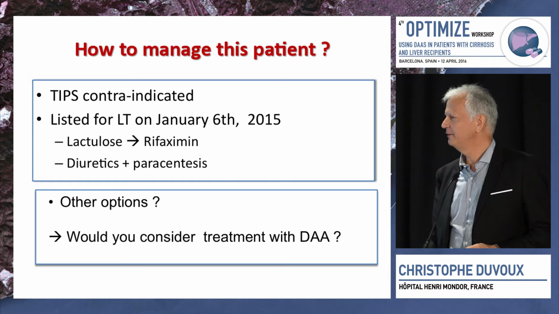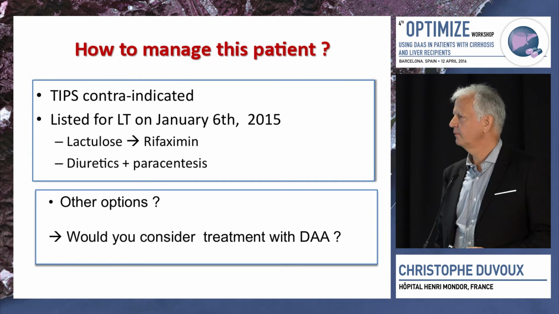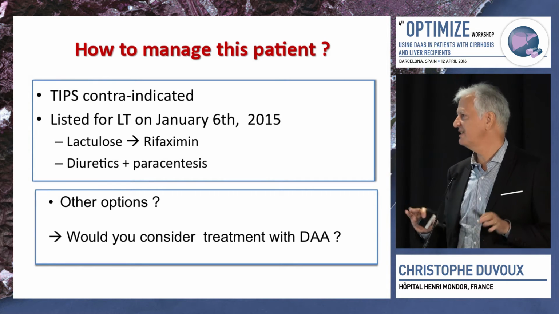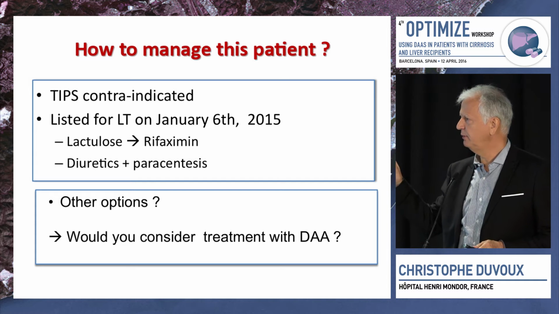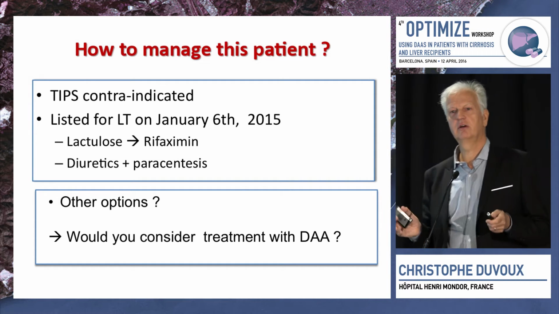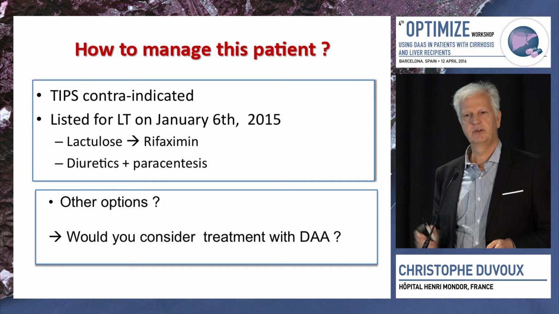Was the MELD 22 really quite stable at 22, or did they have an infection and then go from a MELD of 17 to 22? Good point. There was no infection. It was quite stable. Maybe some variation due to bilirubin, but really between 21 and 22. Please use the microphone.